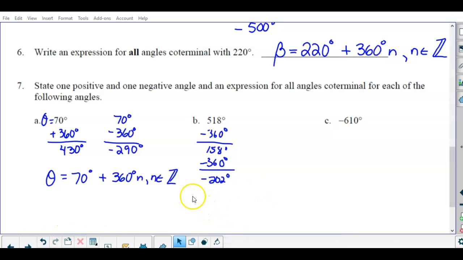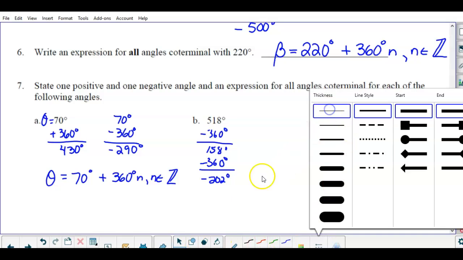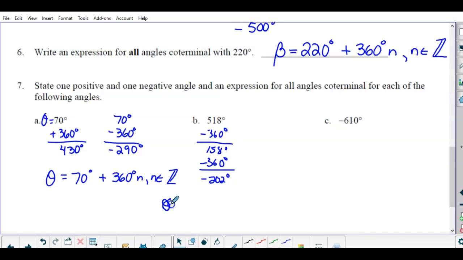And then your general statement, we'll use theta for our angle. And so I always start, and it's usually the normal convention, to start with your smallest positive angle and then add your multiples of 360.